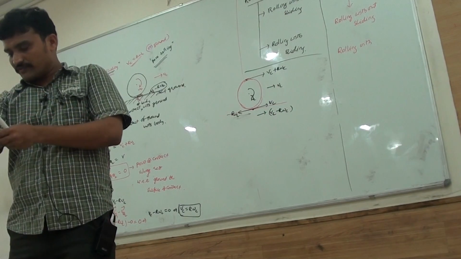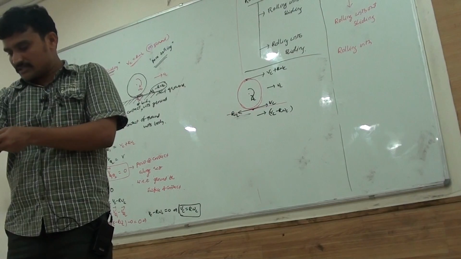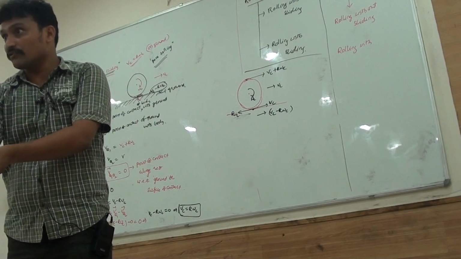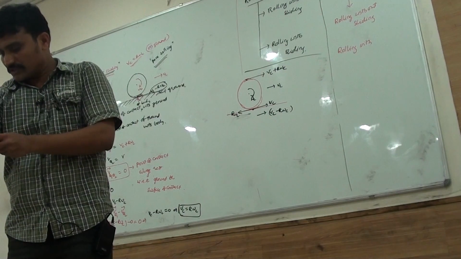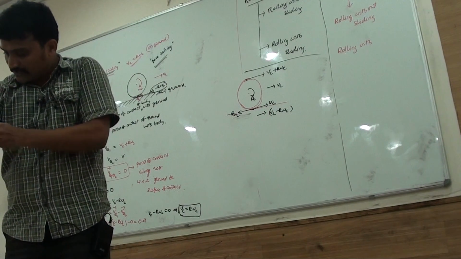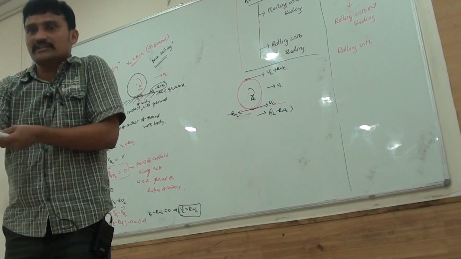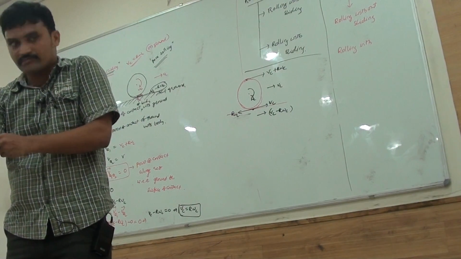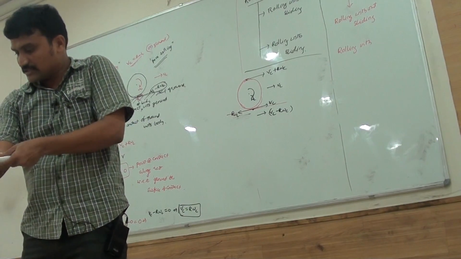Can you say what is the difference between these? If it is individually rotating, otherwise freely rotating, the rolling takes place inside here. But due to the friction between the surfaces, the motion changes.